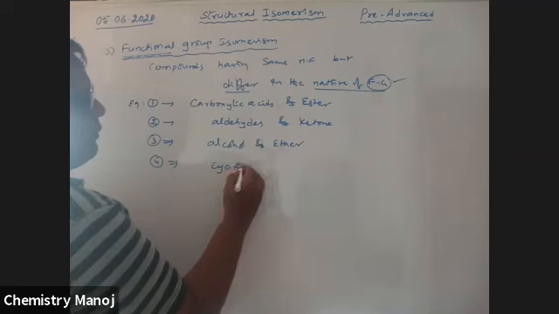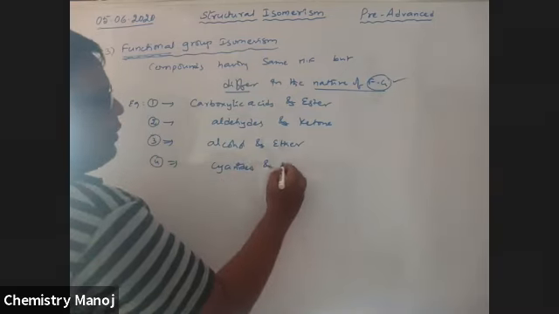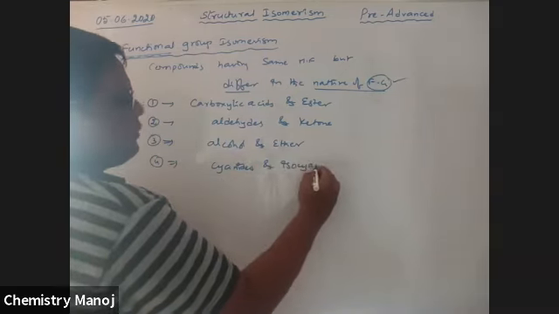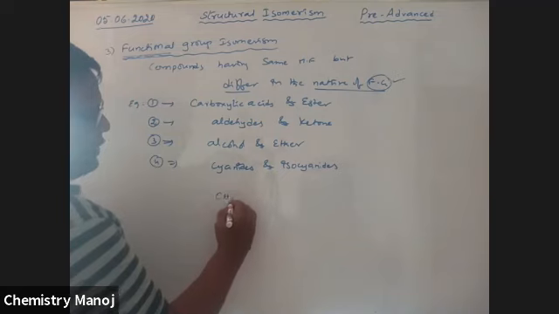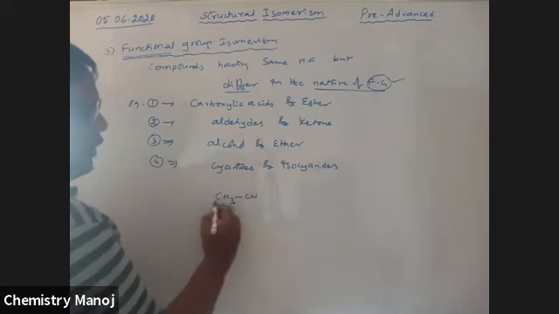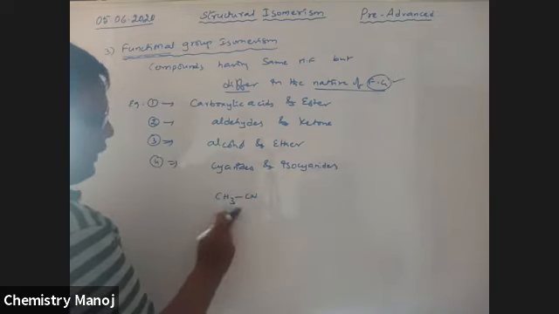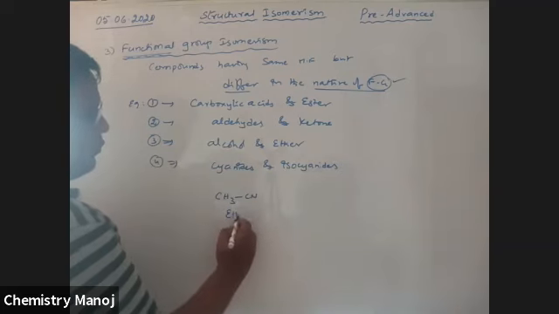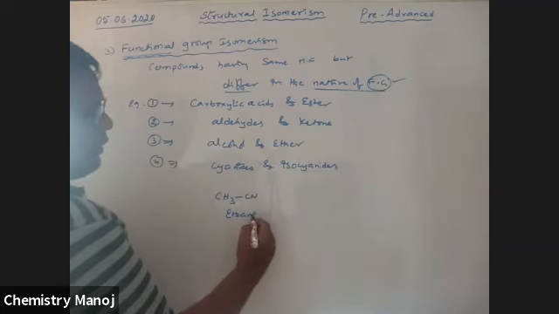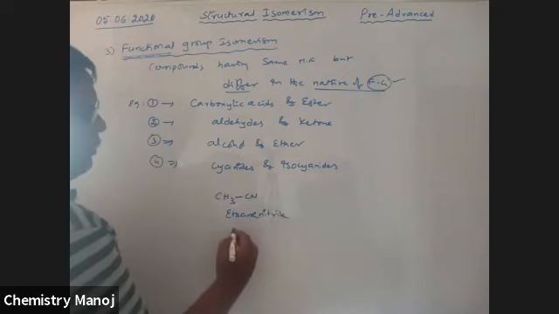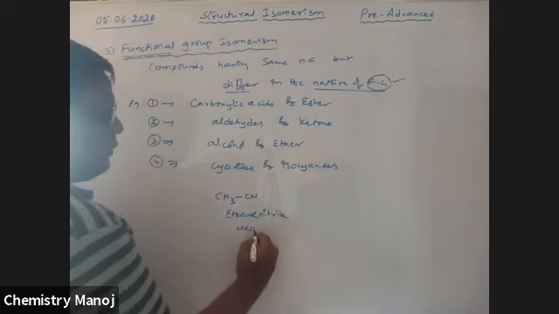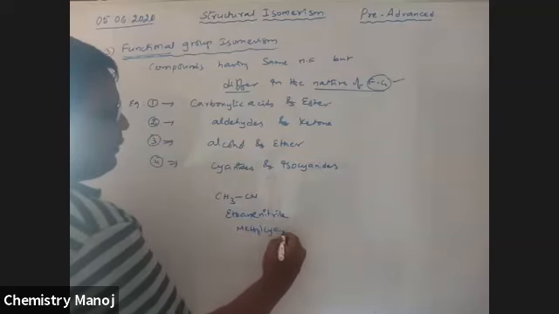Cyanides and isocyanides. So now, see here, CH3CN. 2 carbons, eth, ane, nitrile, ethane nitrile or methyl cyanide.